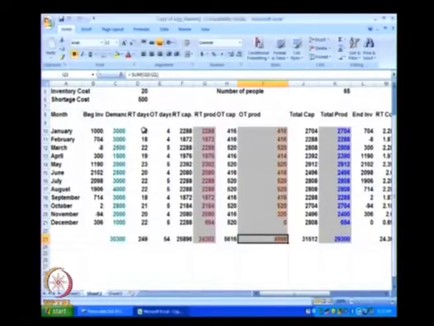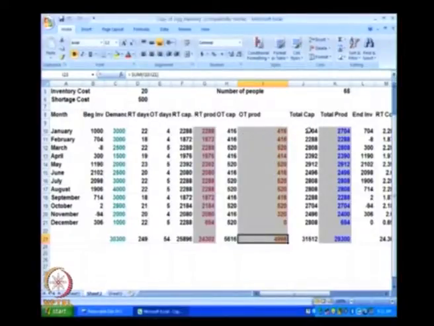It means that in one day with the people that are available, we can produce 104 units of the item or the product. Similarly, if 4 overtime days are available in the month, 416 is the maximum that can be produced using the overtime capacity, and the total capacity column is the sum of the regular time capacity and the overtime capacity.